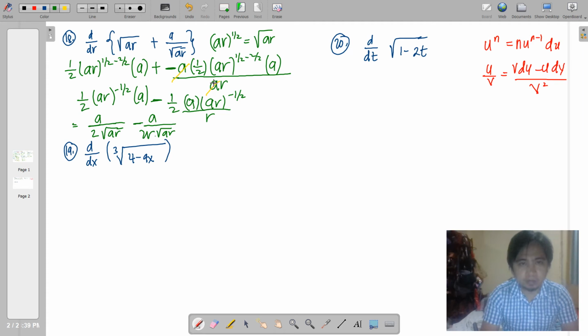So anyway, we have just omitted that one. And then, just place that R denominator. So the final answer is A all over 2 square root of AR minus A all over 2R square root of AR. Okay, so this will be our answer for the 18th problem.